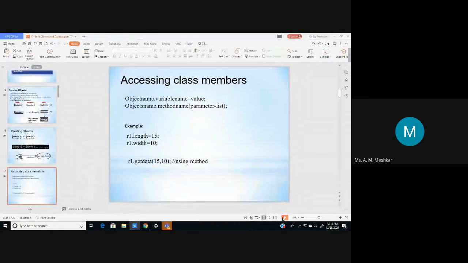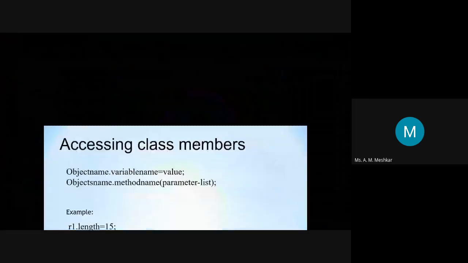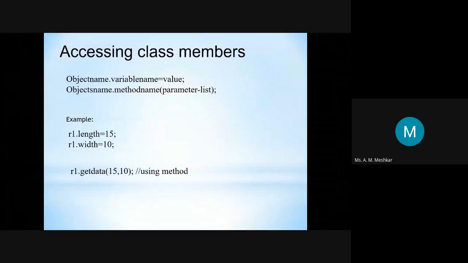Okay, now accessing the class members. Now, as we have learned how to declare the class, how to declare the fields, how to write methods inside the Java program, and also how to create the objects in Java, now, after creating the object, you have to establish communication in that program. So communication is established when you call the methods using the object name.